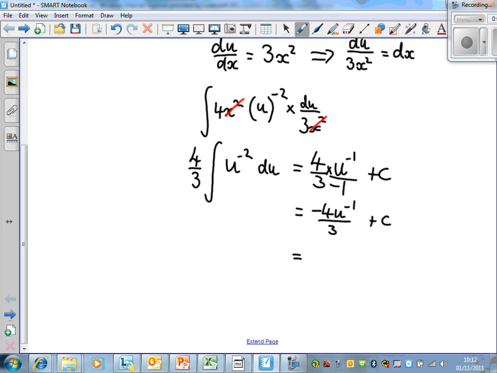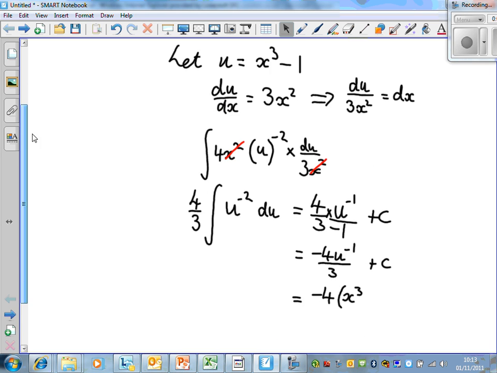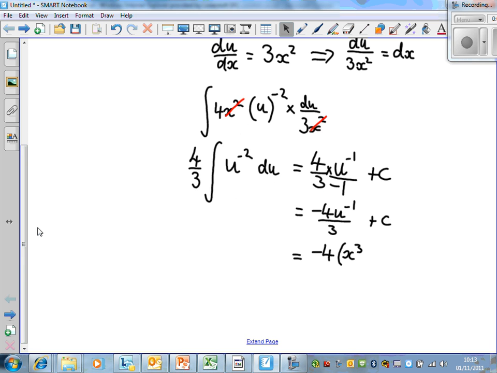And then just to complete it, because the question was in x, we need the answer in x as well. So it'll be minus 4, u was x cubed minus 1, to the power of minus 1, over 3 plus c.